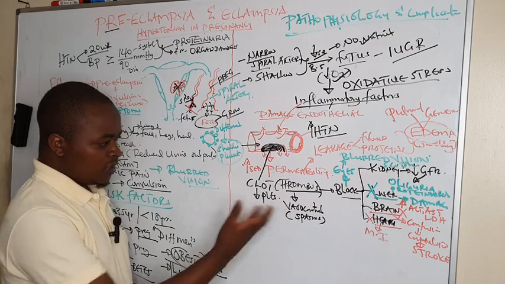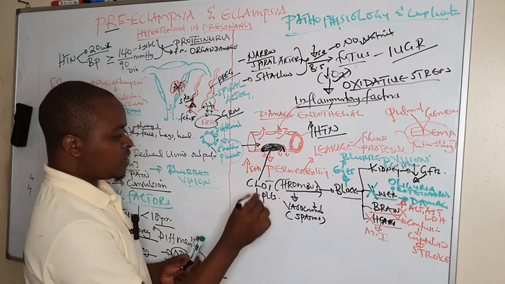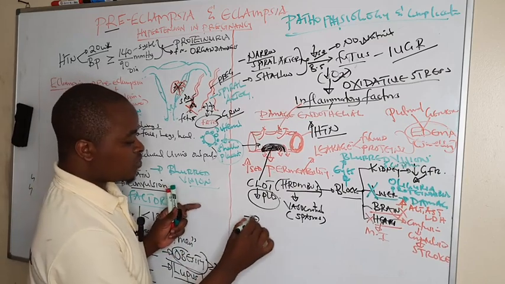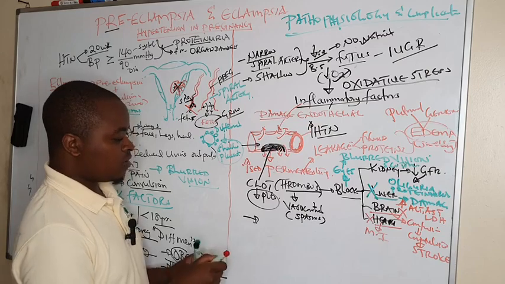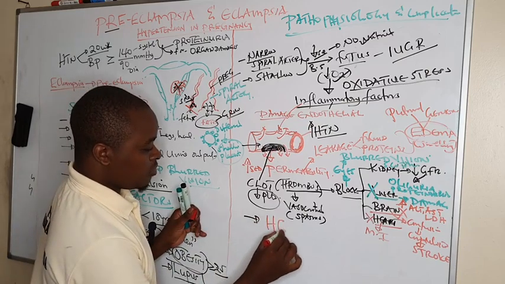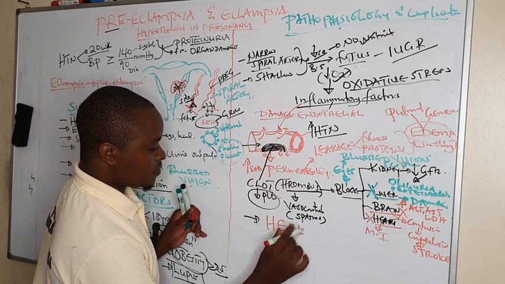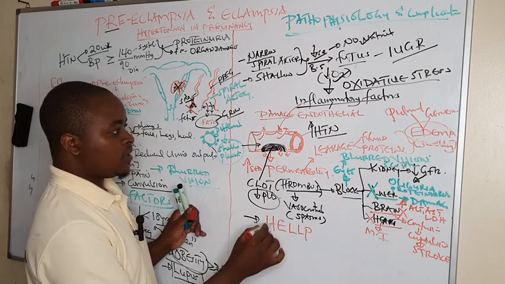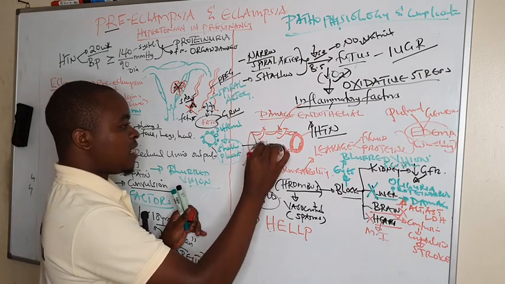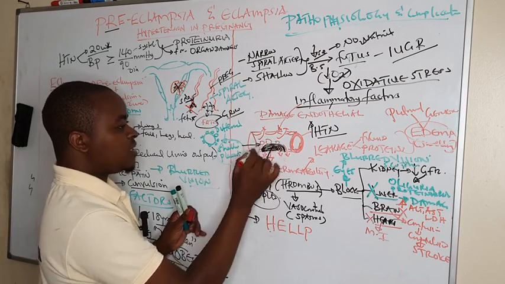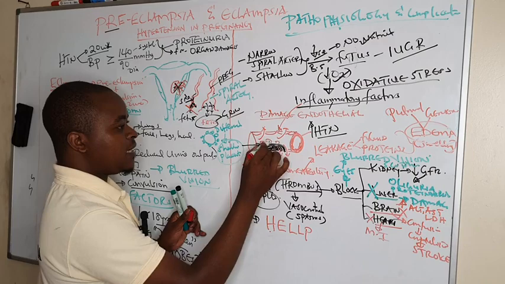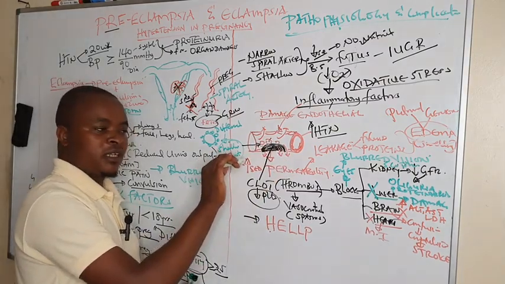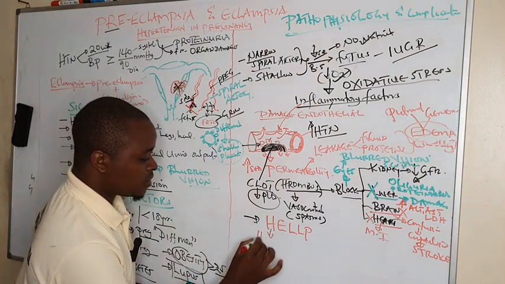So this formation of clots has resulted in reduced platelets. It has brought about a syndrome which we call HELLP syndrome. This HELLP syndrome is hemolysis: as the red cells are moving, when they hit these clots, they break, and this breakage of the blood cells leads to what we call hemolysis.